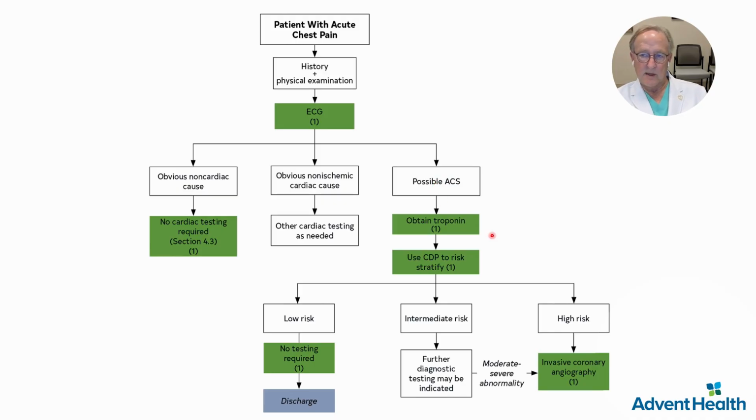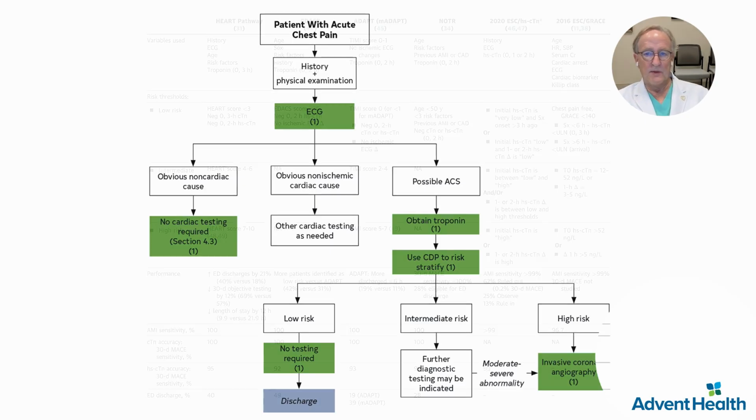You will follow the guidelines which are embedded in Epic pathways, obtain a high-sensitivity troponin, use a clinical decision pathway which are embedded in how we practice in the emergency room to then categorize patients as low risk, intermediate risk, or high risk. The high risk people, a la the pyramid we just saw, tend to go to invasive coronary angiography; low risk, no testing required at the time, and discharge.